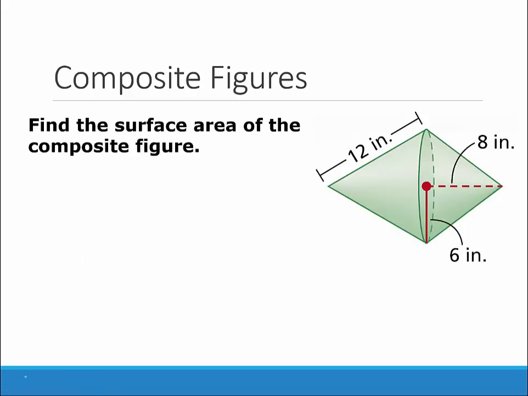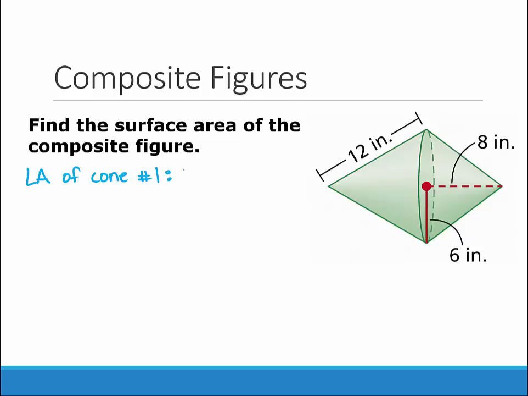So we always do composite figures where we put more than one shape together and we got to figure out the total surface area for that. So when I look at these two cones right here, I have this cone and then this cone, and their bases are touching each other. So those bases will not count in the surface area. So basically all we need to find is the lateral area of both of these cones and add them together. So lateral area of cone number 1.